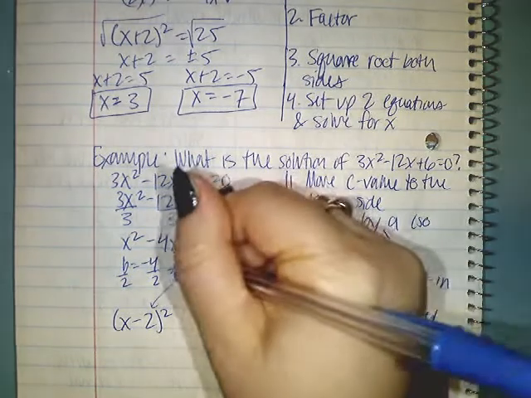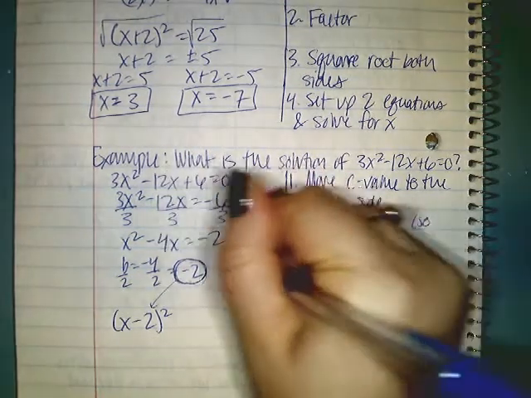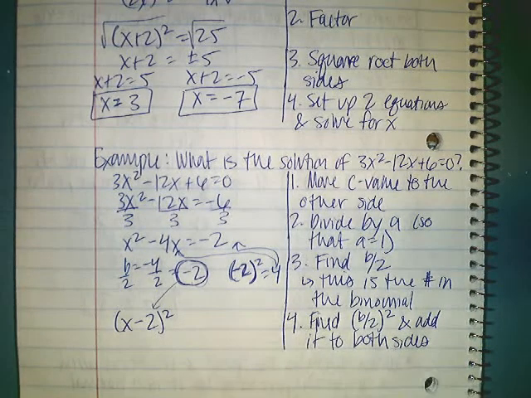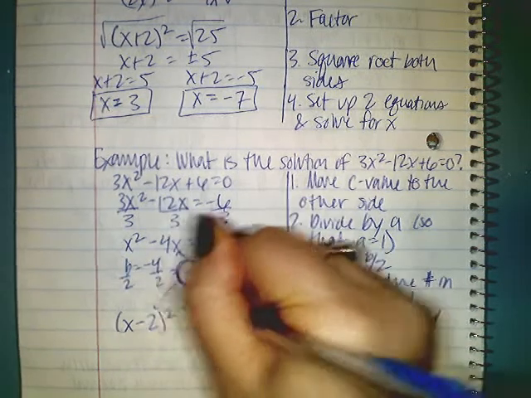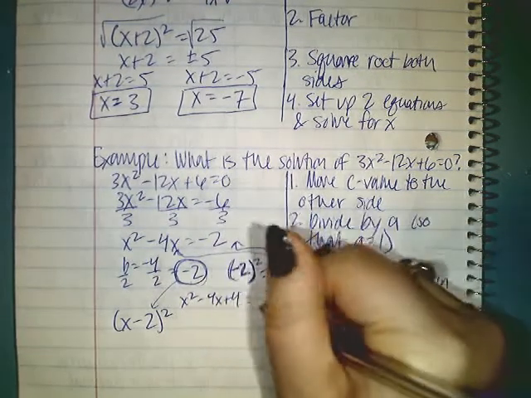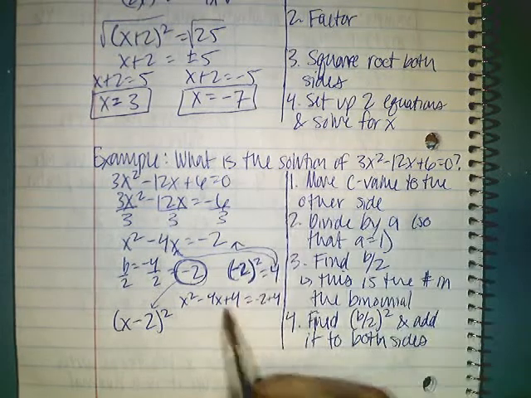When I say that, I mean both sides here. So you're going to add it here and here. You end up with x squared minus 4x plus 4 equals negative 2 plus 4.